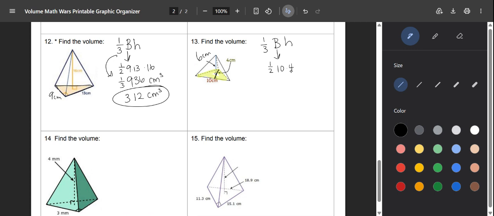So 1/2 of 10 times 4 gets us 20. The height of the pyramid is 6, and we need to take 1/3 of that amount. So you can just plug that into your handy dandy calculator, and you get 40 cubic centimeters.